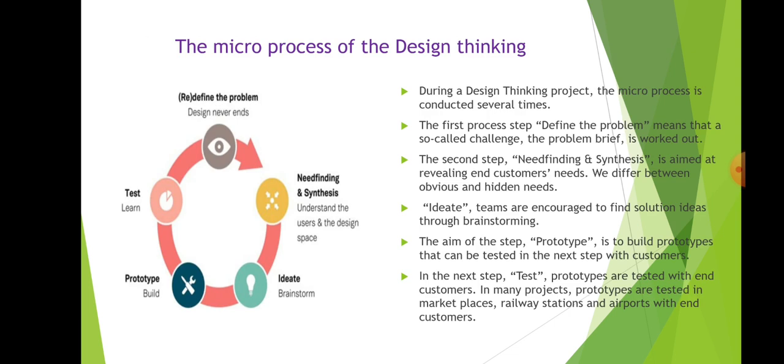Look at this diagram. This diagram describes the microprocess of design thinking. During a design thinking project, the microprocess is conducted several times. The first process step, define the problem, means that a so-called challenge, the problem brief, is worked out. The second step, need finding and synthesis, is aimed at revealing customers' needs.